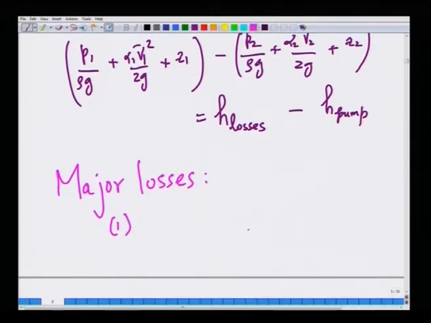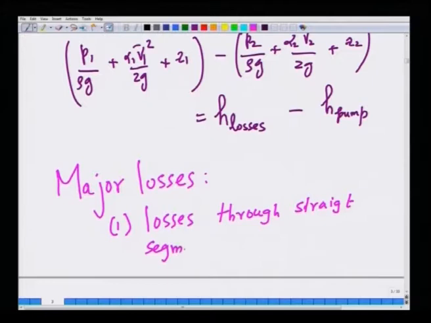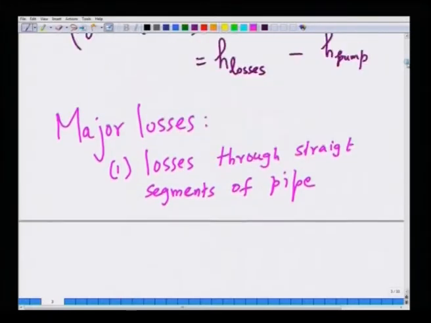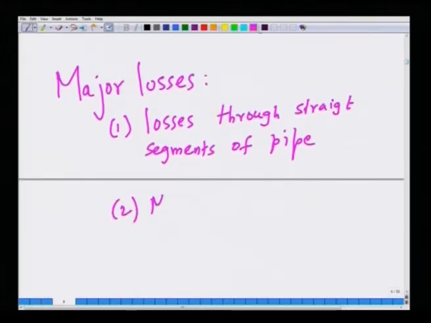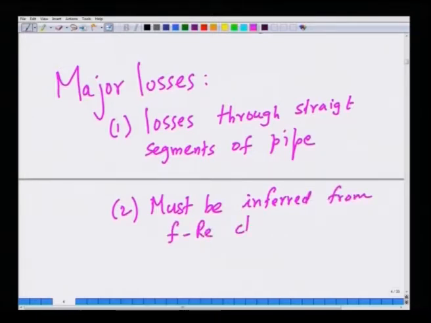So, major losses are losses through straight segments of pipes. They must be calculated from, must be inferred from friction factor charts.